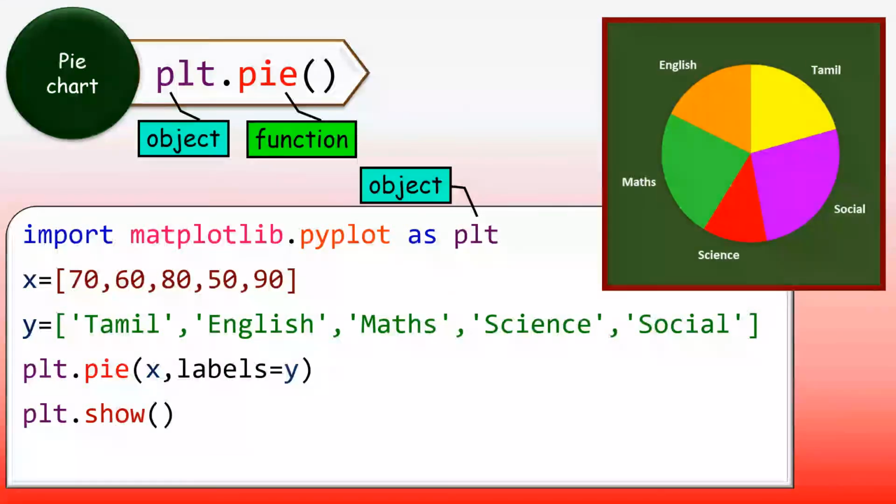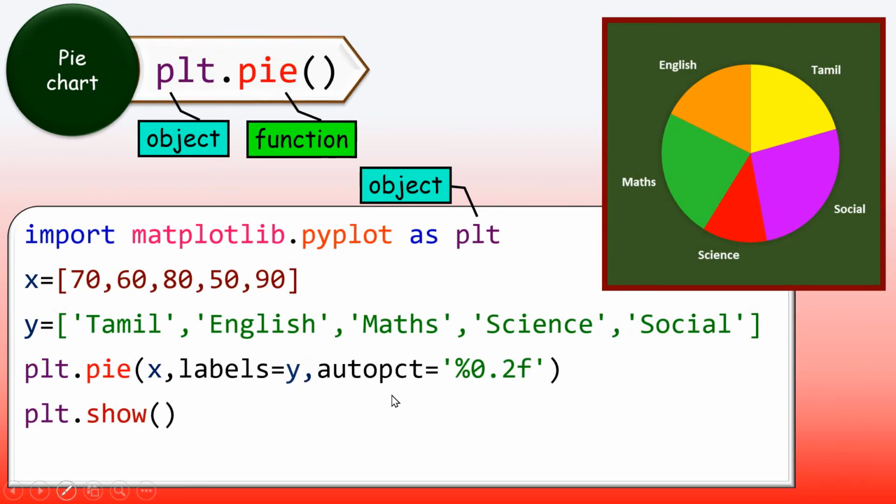We can also display the percentage values by which the circle is divided into slices by adding another parameter in the pie function, which is called autopct, is equal to, and here I have given "%0.2f" within quotes.